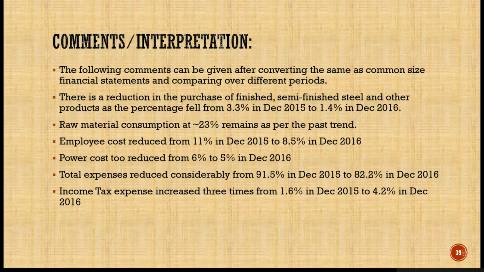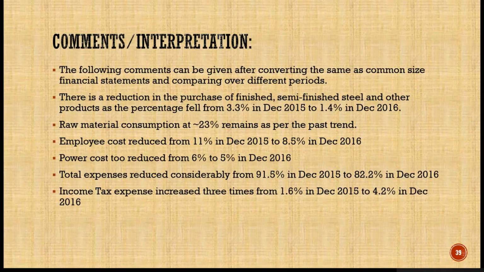Raw material consumption at near to 23% remains as per the past trend. Employee cost reduced from 11% in December 2015 to 8.5% in December 2016. Power cost reduced from 6% to 5% in December 2016.